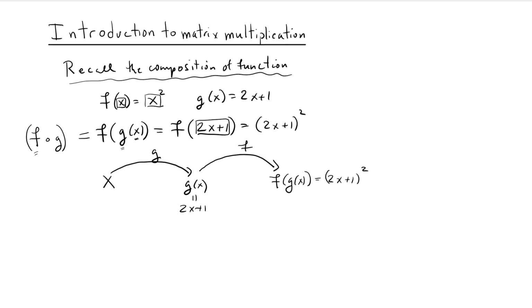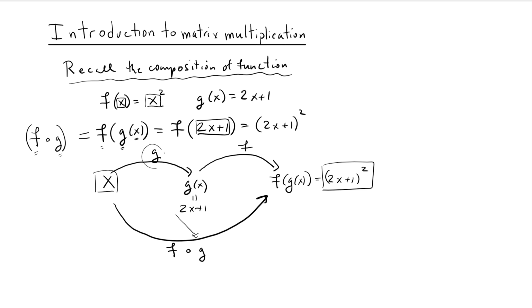You see the letters appear in the same order. However, on my diagram, this is now function f dot g. I take x, and what comes out of it is 2x plus 1 squared, f of g of x. But you'll notice the order: the g, which was applied first, goes to the right of the dot, because when applied to x, this is going to be f of g of x.